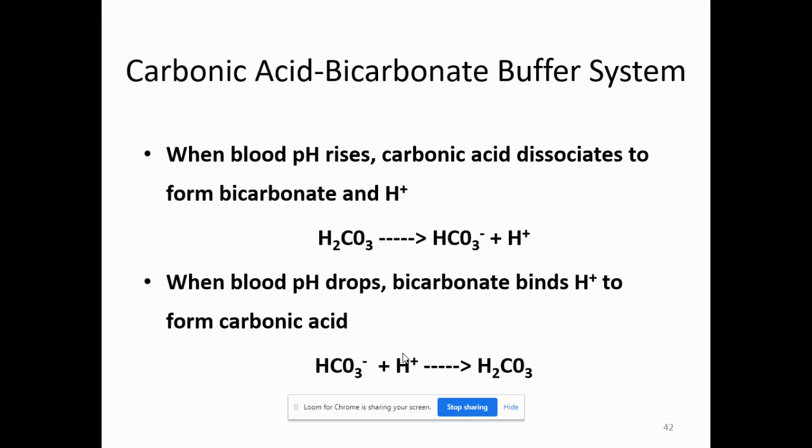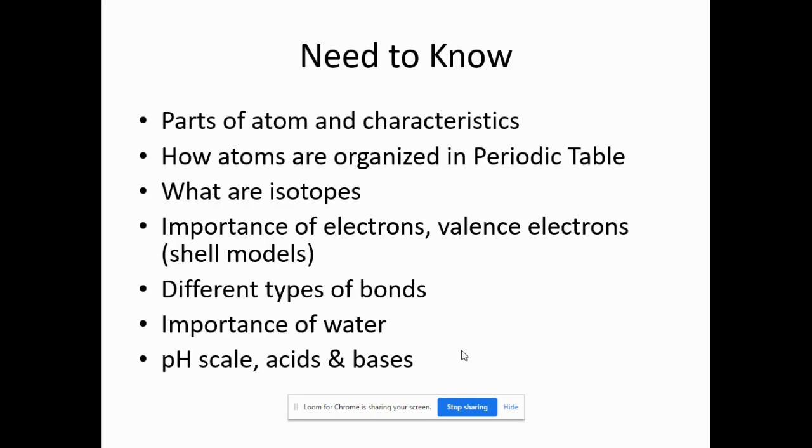If your blood pH rises and becomes too basic, it can dissociate to increase the amount of hydrogen ions to lower your pH to normal range. Or if your pH drops below normal range, then bicarbonate can form, taking those hydrogen ions out of solution to bring your blood pH back into normal range.